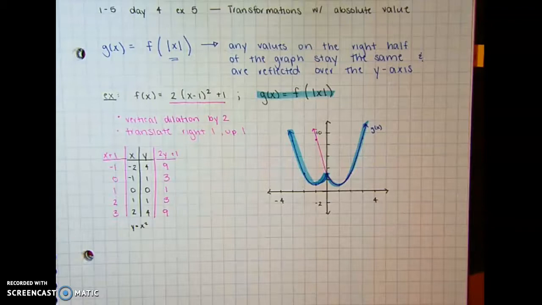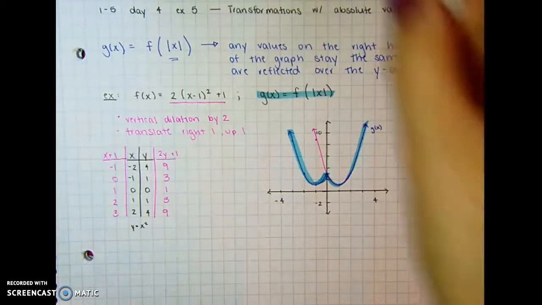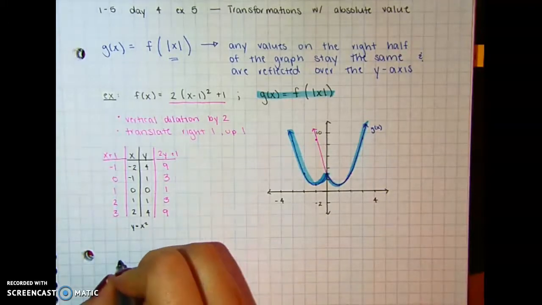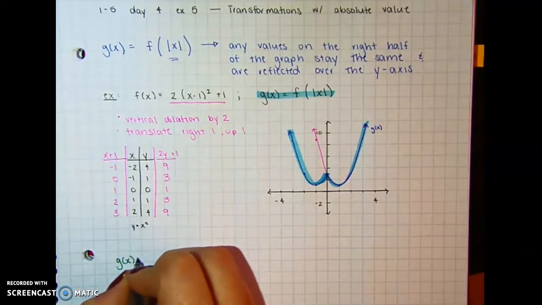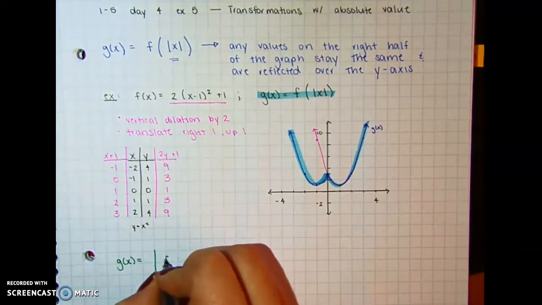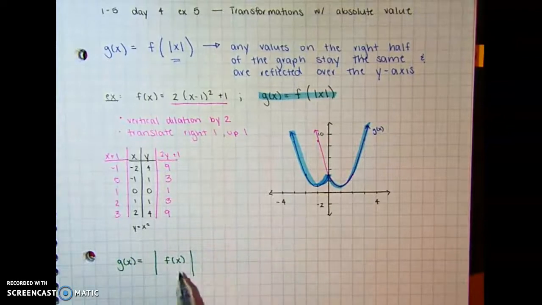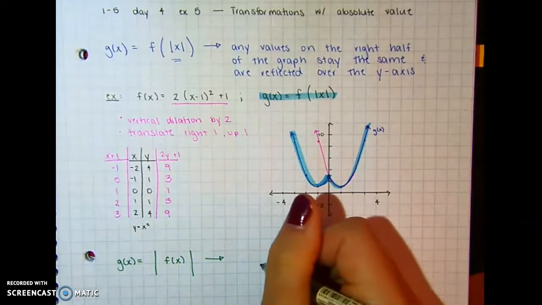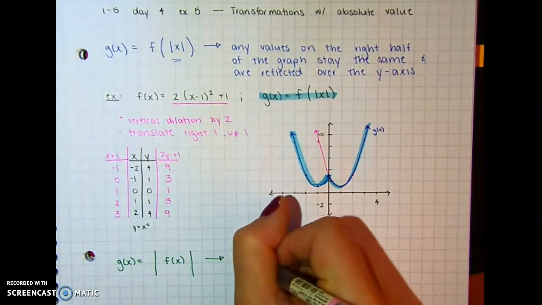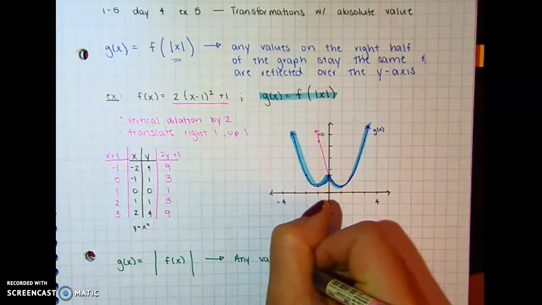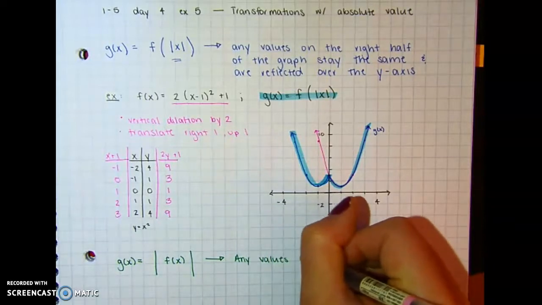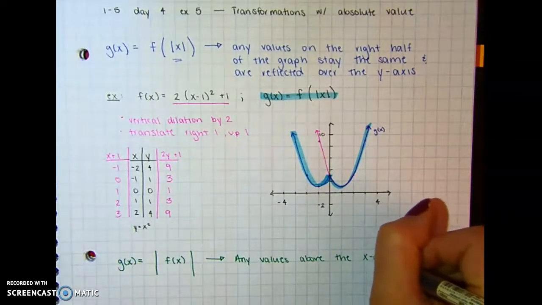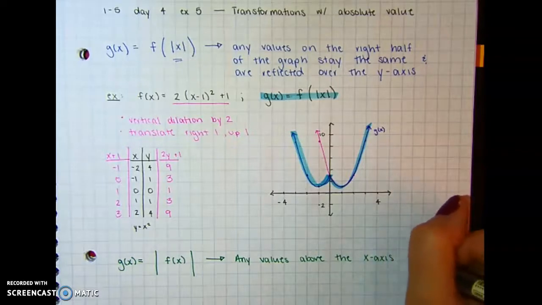Now let's do the y's. I guess I could do a different color. So if we want g of x equals the absolute value of f of x. So now that's the absolute value of our y's. So now any values above the axis stay the same.